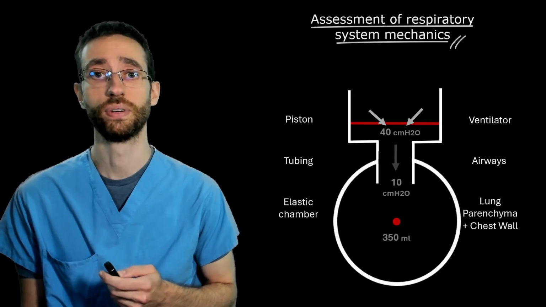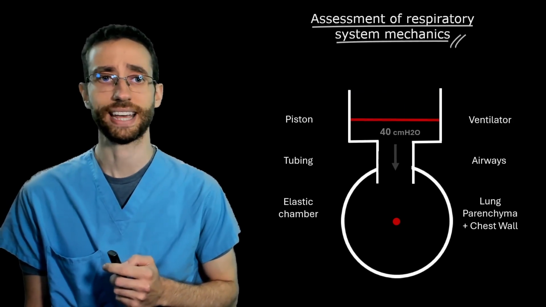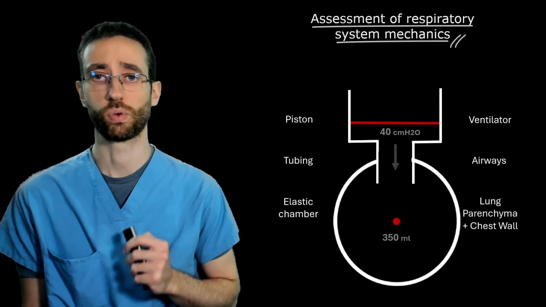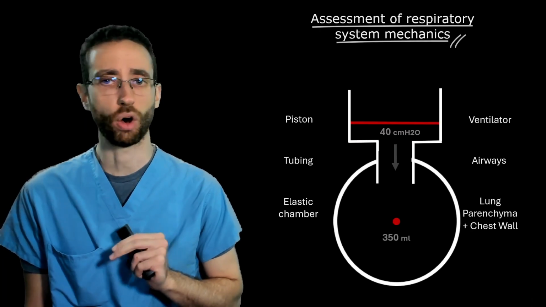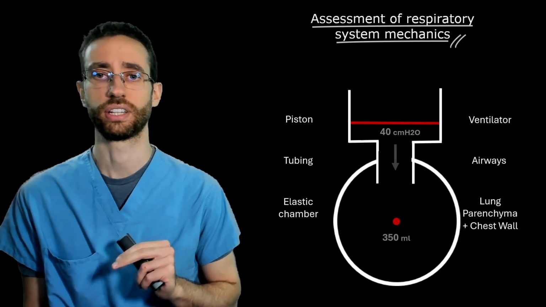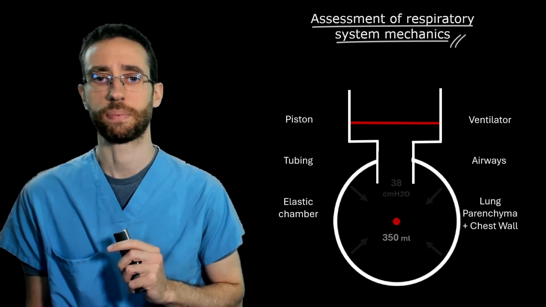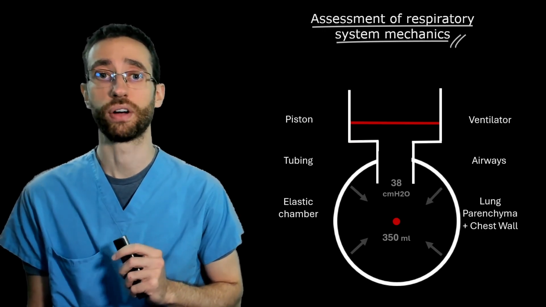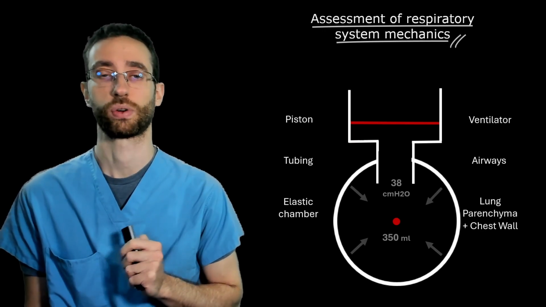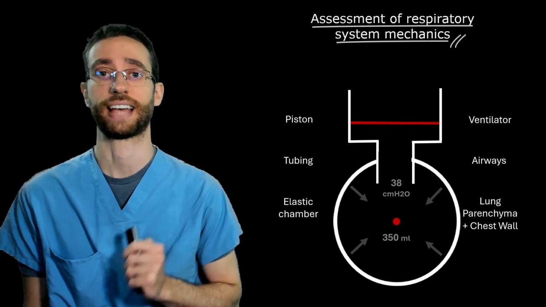To separate the two, first, we deliver our tidal volume. Then we stop flows, doing what we call an end-inspiratory hold maneuver. We don't add any additional gas to the circuit, nor do we let any gas escape. All the pressure in the system at this point is being generated by the elastic recoil of the lung-chest wall combo, which has been distended by the volume of gas inside it.